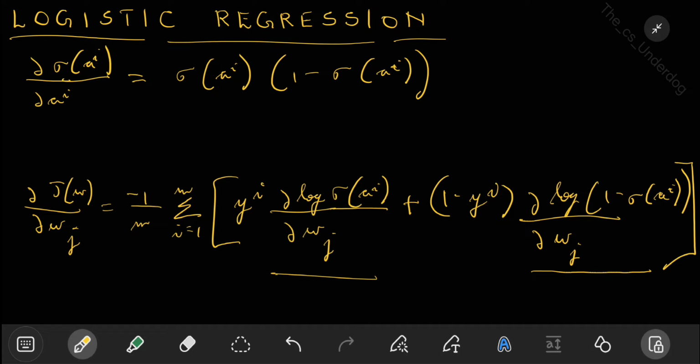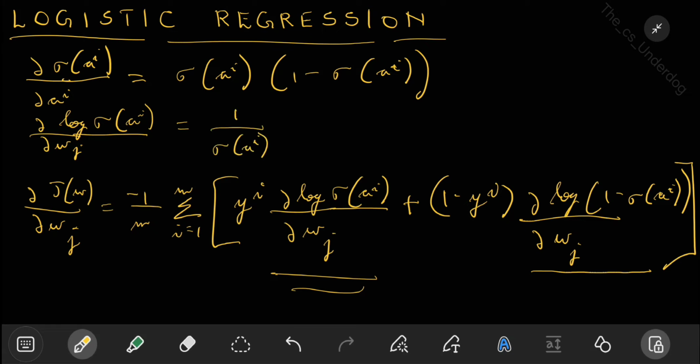So let us find the derivative of del by del Wj of log sigmoid of ai. When you take the derivative of log x, it becomes 1 by x, right? So 1 by sigma ai, that is the derivative of the log part. Now we have to take the derivative of sigma of ai, which we saw is sigma ai into 1 minus sigma ai.